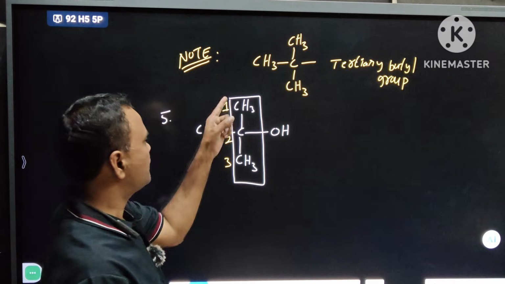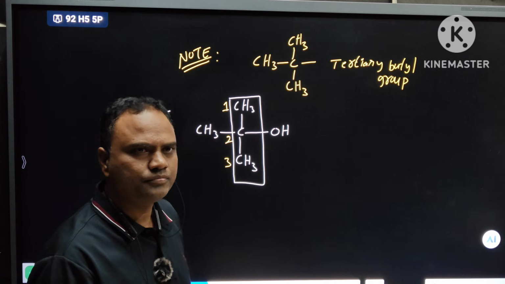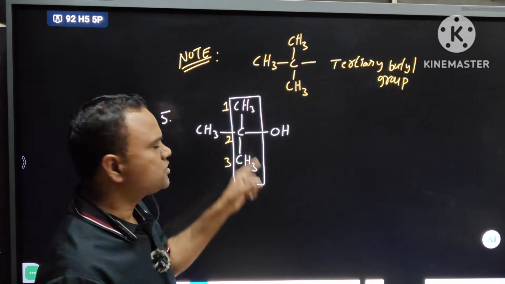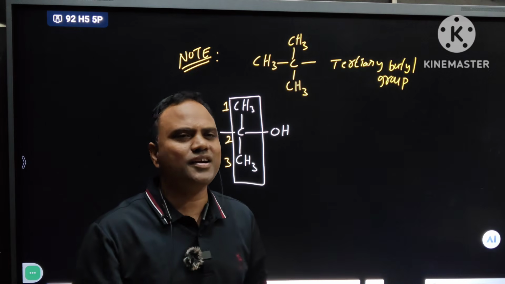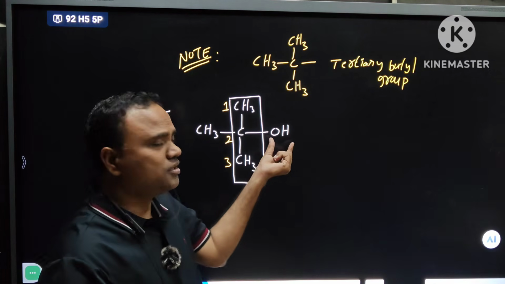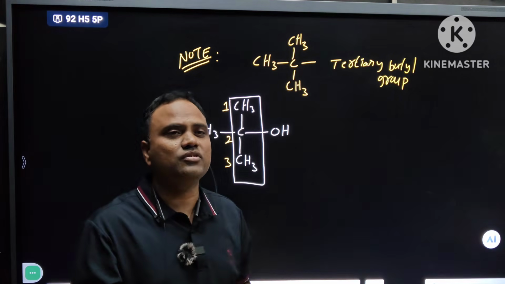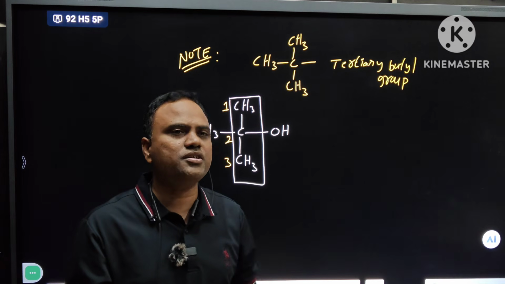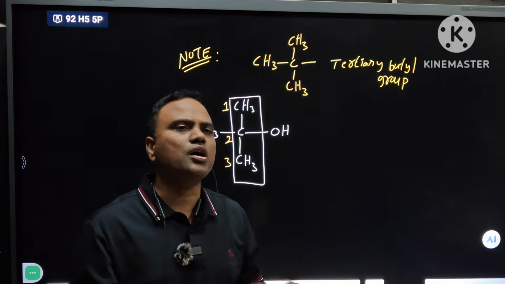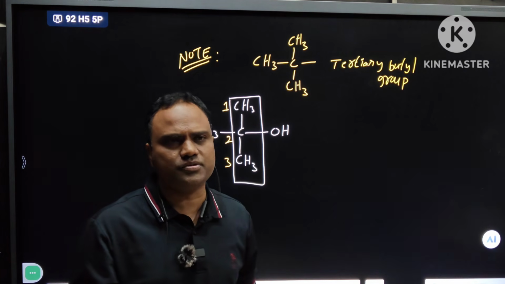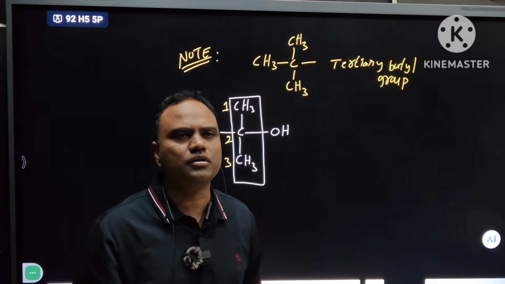The longest chain should include carbon atoms. Don't select oxygen in that chain. In the main chain, the parent chain, mostly carbons will be included, not other atoms. Other atoms will not be included.